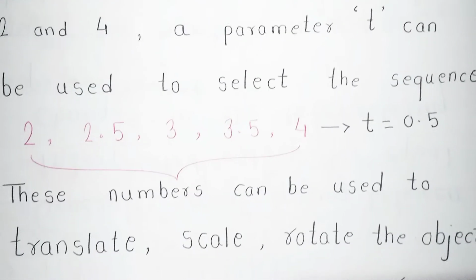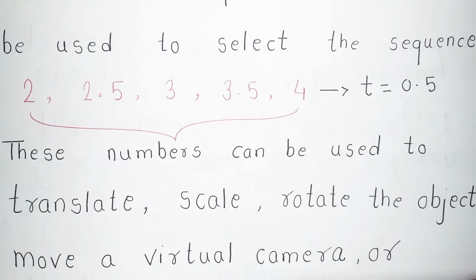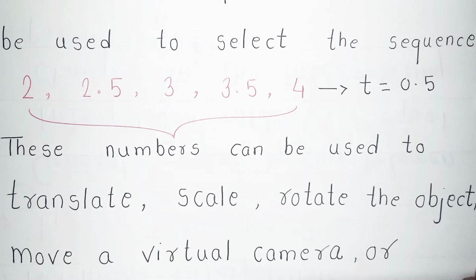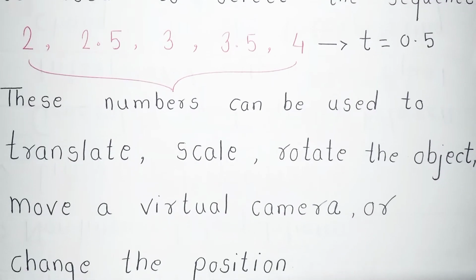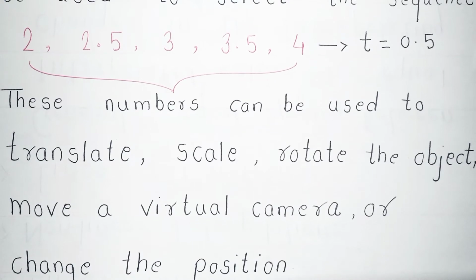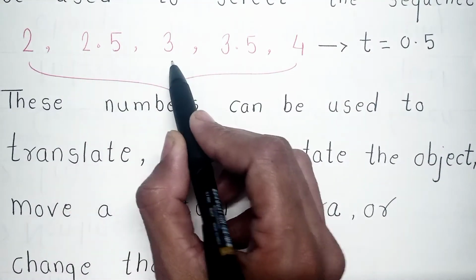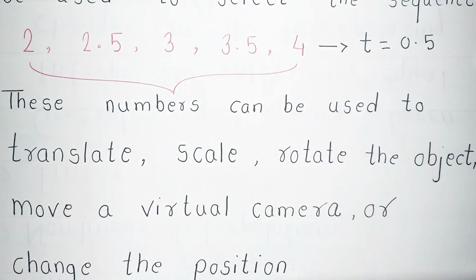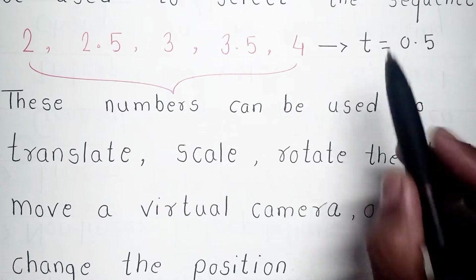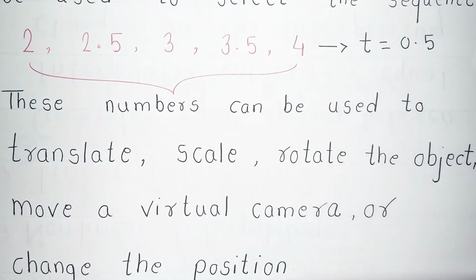Now these numbers can be used to translate, scale, rotate the object, or to move a virtual camera, or to change the position. Here 2, 2.5, 3, 3.5 and 4 are called interpolated values, and the parameter t is called the interpolating parameter.